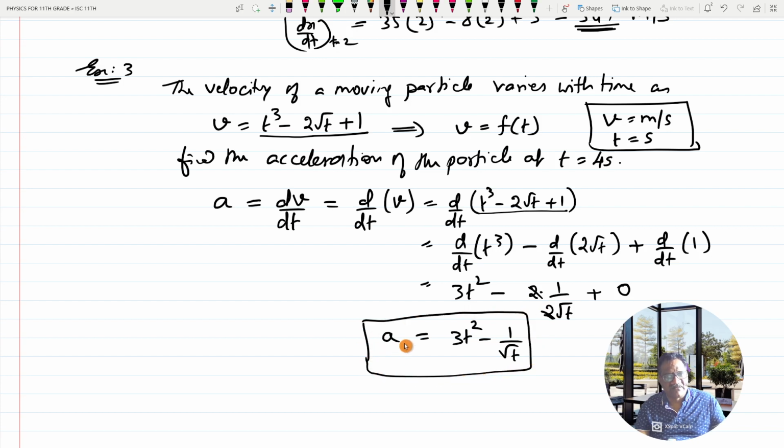acceleration function. Okay. So he has asked us to find the acceleration of the particle at t is equal to 4. So when t is equal to 4, what will be the acceleration? It will be 3 into, in place of t, you plug in the value as 4, so 4 square minus 1 upon square root of 4.